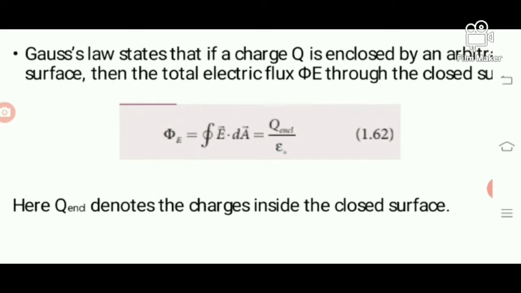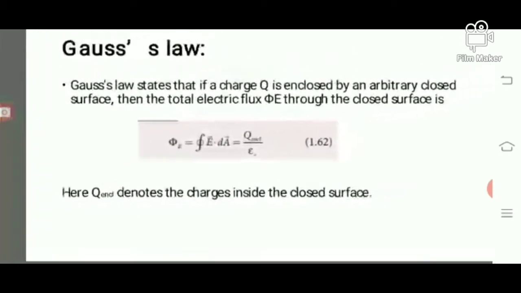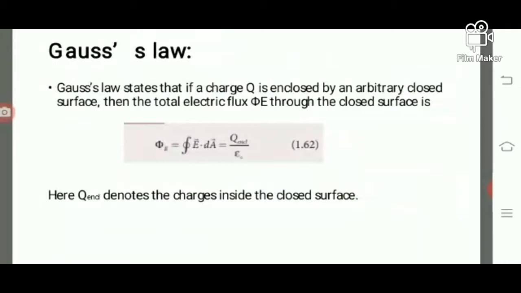Here q enclosed denotes the charge inside the closed surface. This is called Gauss law.